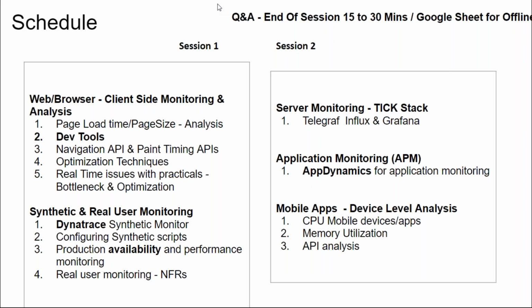Let me talk about what exactly we are going to look into. When it comes to client side monitoring and end user experience, when doing load testing we concentrate on server side performance. LoadRunner will give metrics, JMeter will give metrics, but it won't give you the actual experience that you and I get when we open the browser and launch Amazon.com, and it could be 7 seconds, 8 seconds. Page size could be 8 MB, 9 MB.